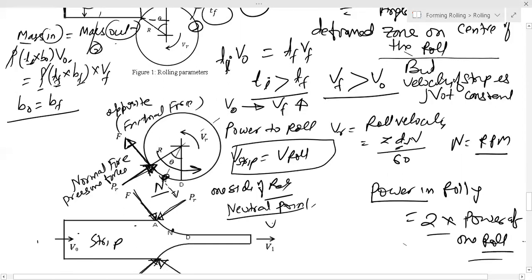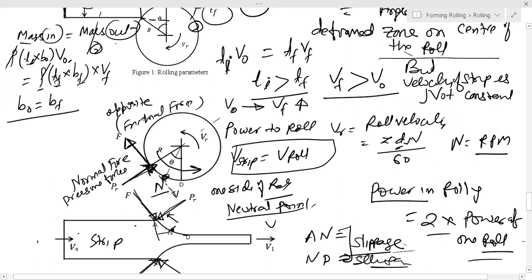So complete rolling will be there only at this point. And in both lengths, AN and ND, there will be slippage. Slippage means it will slip, either backward slip or forward slip.